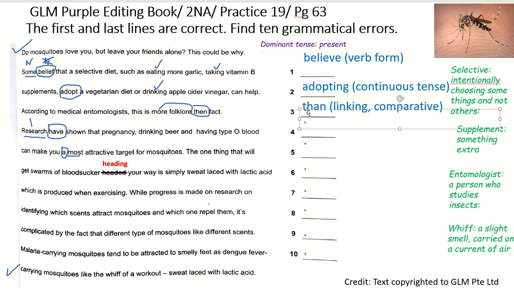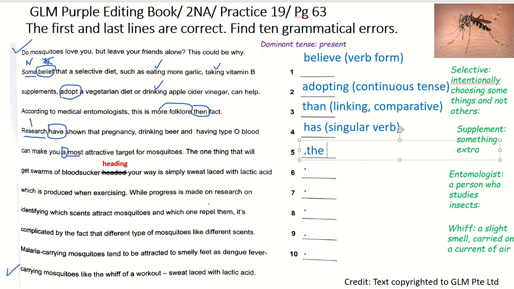Okay, so let me continue that. It should be research has shown. Okay, so this is because of singular verb form, and this, okay, should be the, because it's the most, not a most.